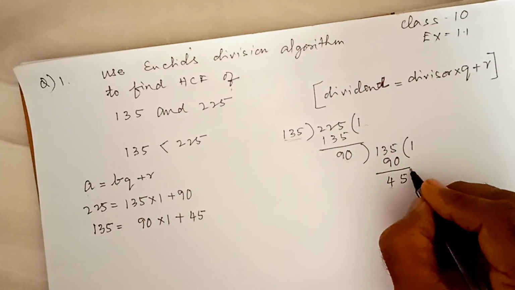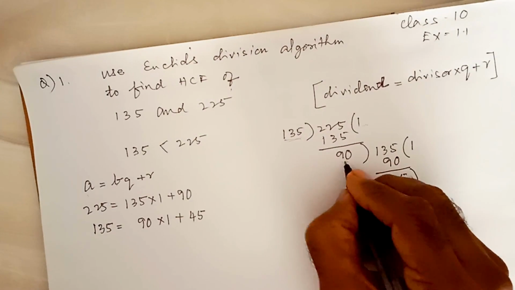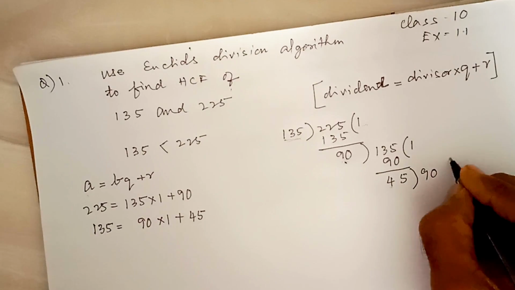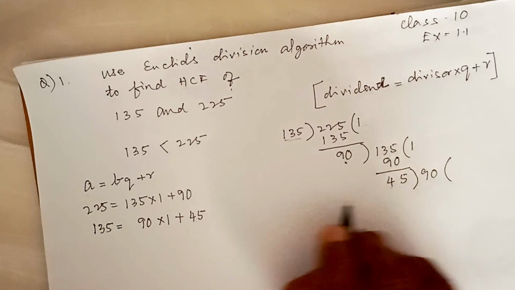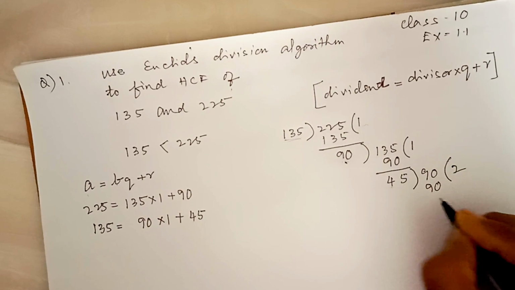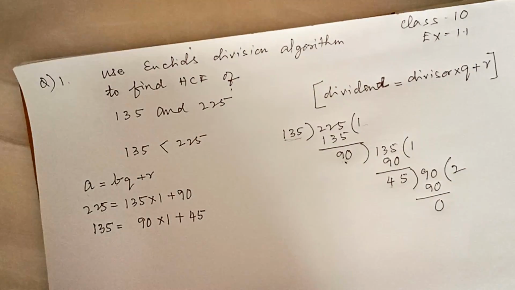What we do in the third step, we take this divisor as the dividend. Divide that by the 45 remainder. We know it goes 2 times. 45 into 2 is 90 and you get 0 as a remainder.